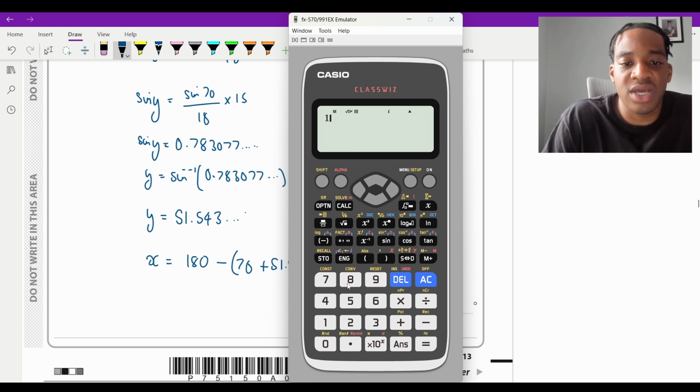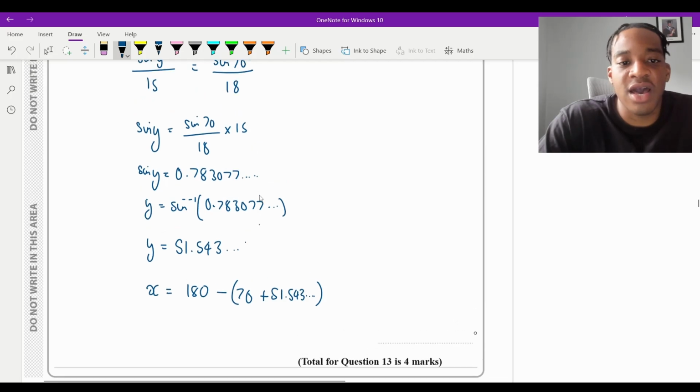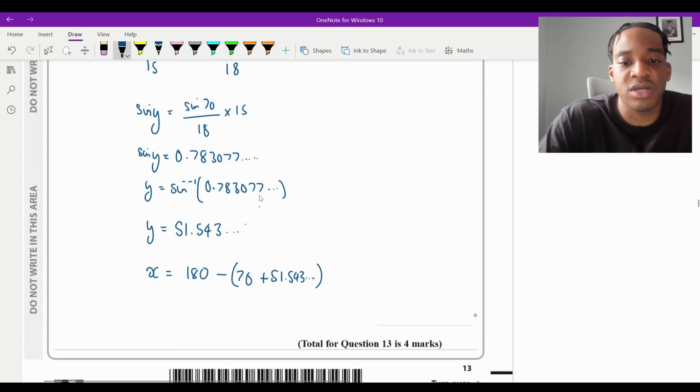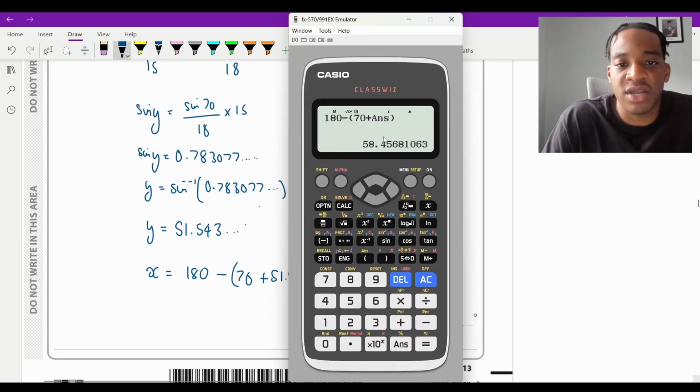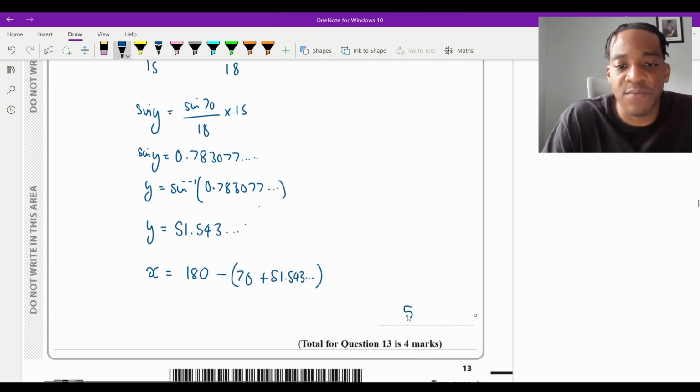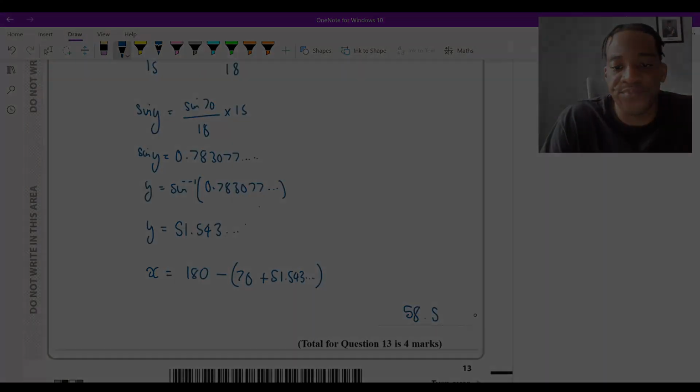So it's going to be 180, take away the 70, and I'm going to add that angle that's already given in my other answer. So I just click answer here, put this in, and this gives me 58.456... And it wanted it to one decimal place. So that will just be equal to, let me just check again, 58.5, isn't it? So it'll be 58.5 degrees. And that's it. That's question 13 finished.